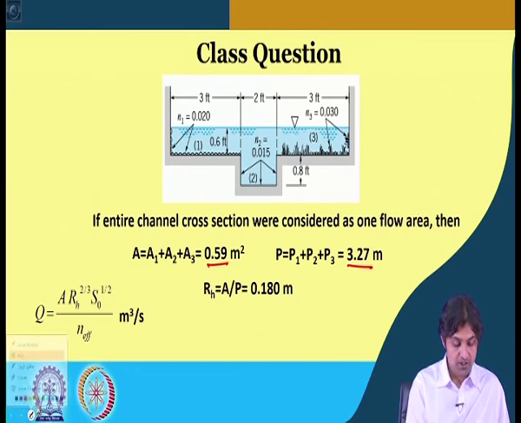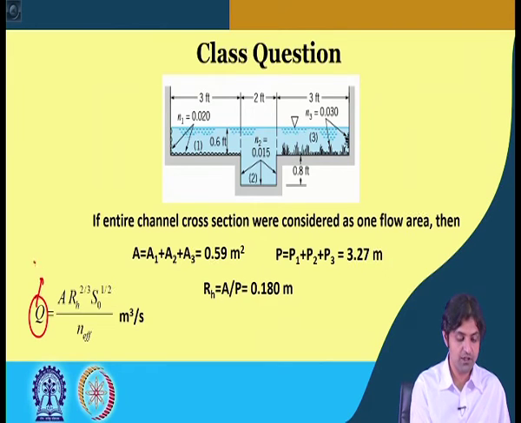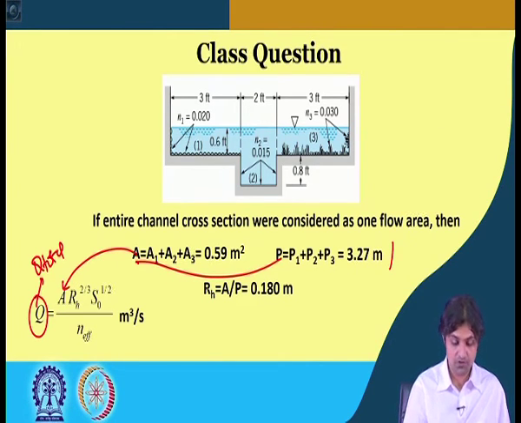Now, Q can be written as A RH to the power 2 by 3 S naught to the power half divided by N effective. Q total, area total, and RH we have already calculated, and S naught is constant for all.